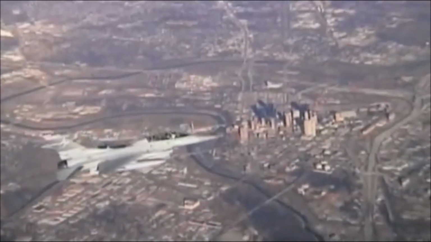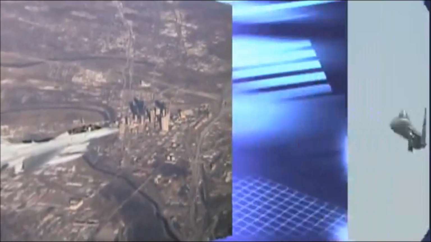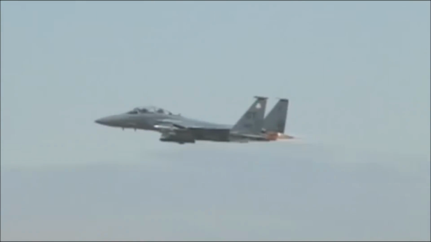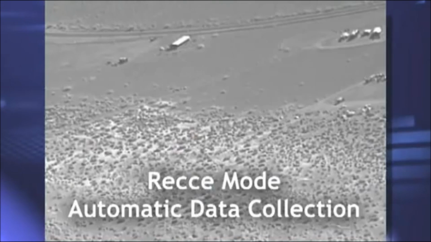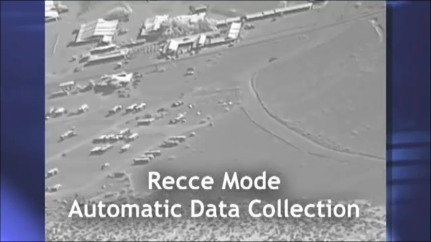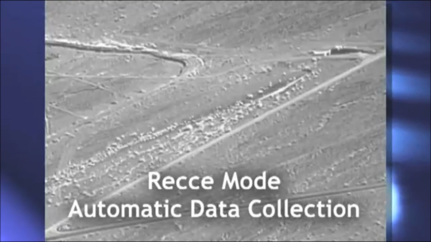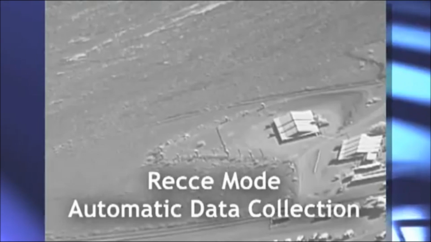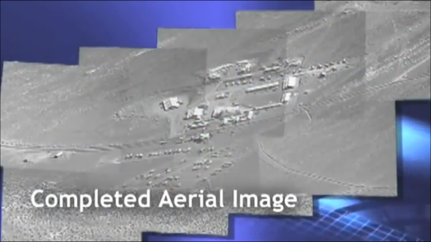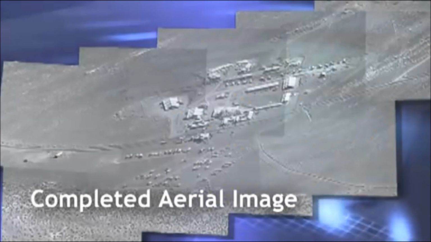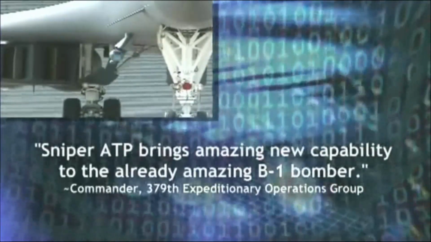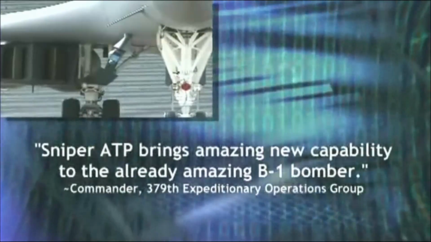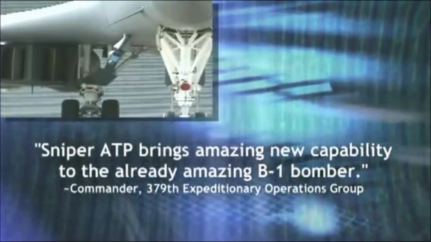Sniper's ability to collect and share time-sensitive ISR data in a net-centric environment is further enhanced in Recce mode. Sniper's Recce mode automatically collects images from a predefined wide area of interest and provides a complete picture of the area for intelligence purposes. Built to plug and play, Sniper software automatically recognizes the host aircraft and its interface requirements.